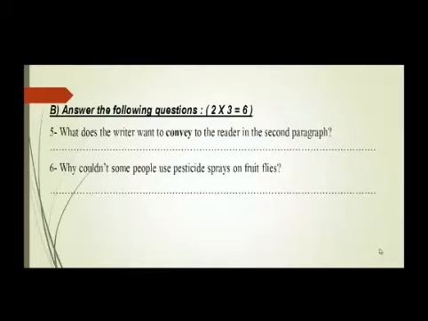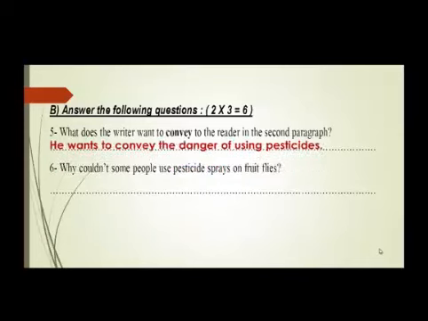Answer the following questions. 5. What does the writer want to convey to the reader in the second paragraph? In fact, he wants to convey the danger of using pesticides. Number 6.